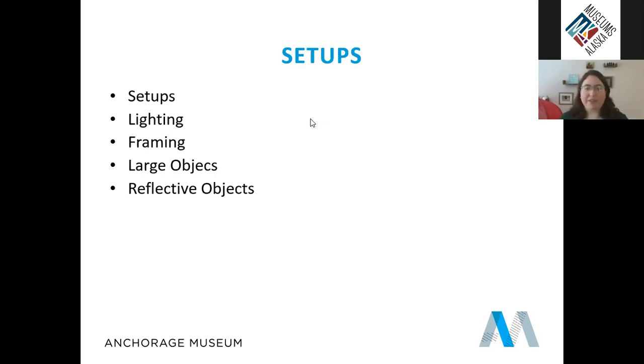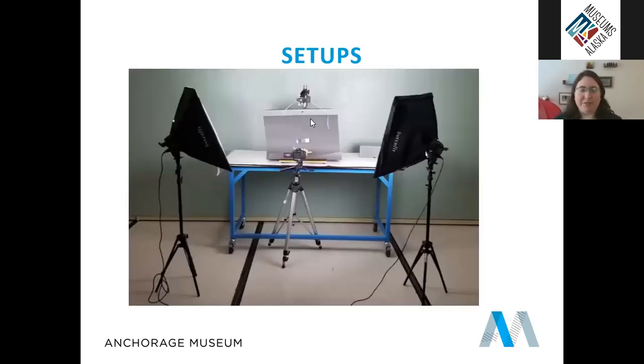So we have our camera now all set up. It's ready to take photographs. And so we're going to talk a little bit about everything else around that. So this is one setup I had this last week at work. As you can see, I discovered that we have lights, which is very exciting. So I have two white fluorescent lights, as I learned later, at a 45-degree angle, and the camera in the center and the object also in the center.